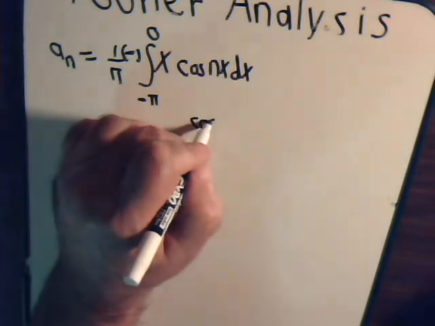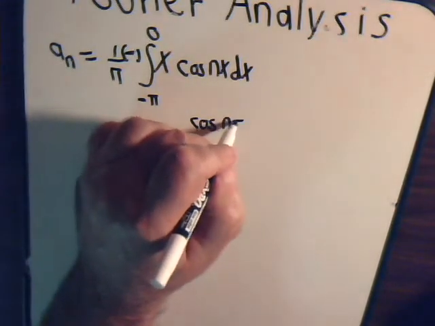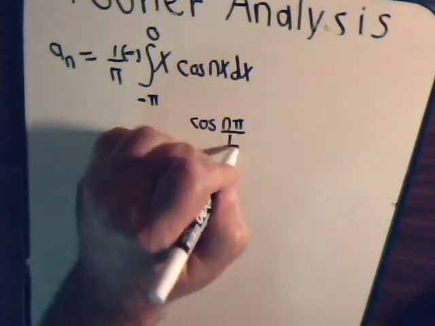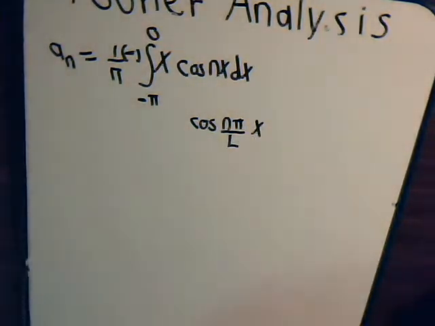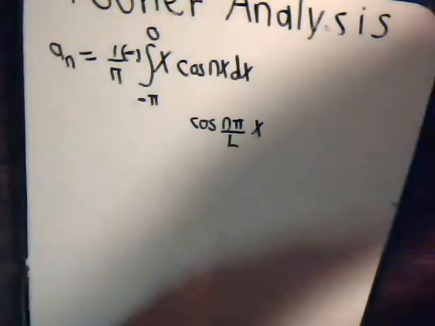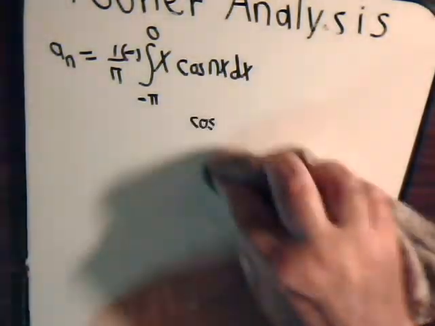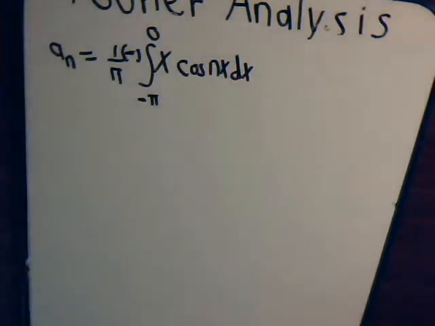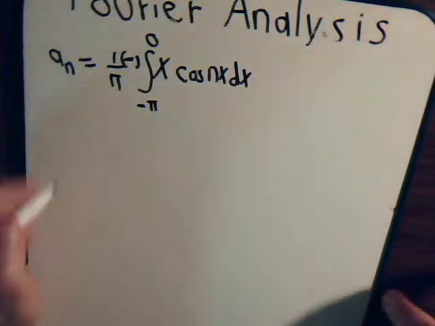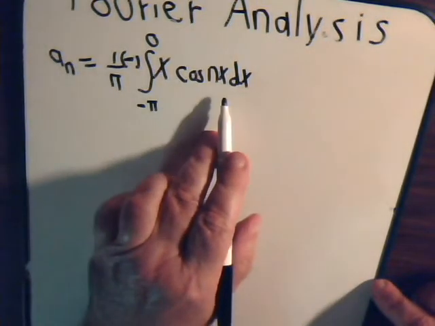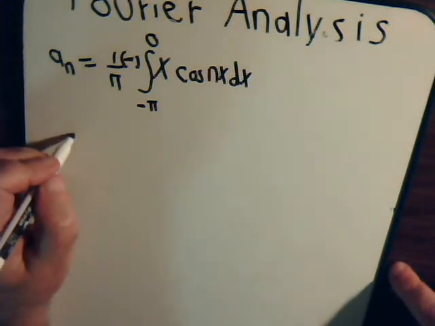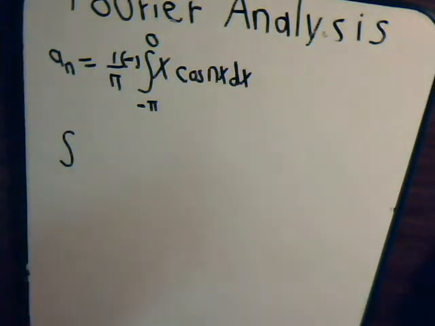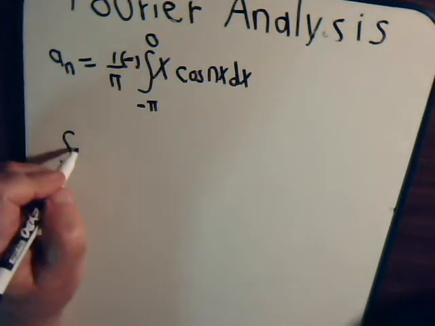The formula, of course, is cosine of n pi over L times x. But for our problem here, L equals pi. So this is set up, obviously, to integrate by parts. You have one function times another function, and in those kinds of situations, the first thing you want to think about is integrating by parts.